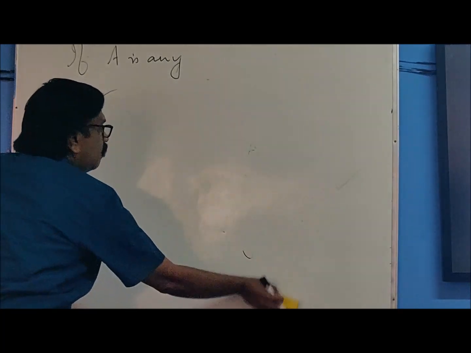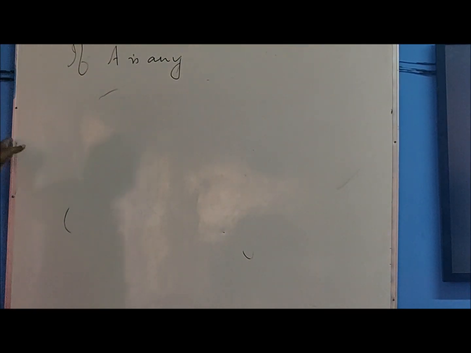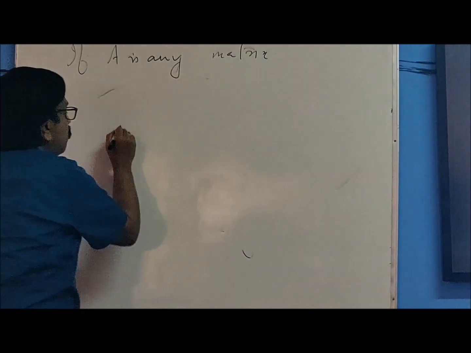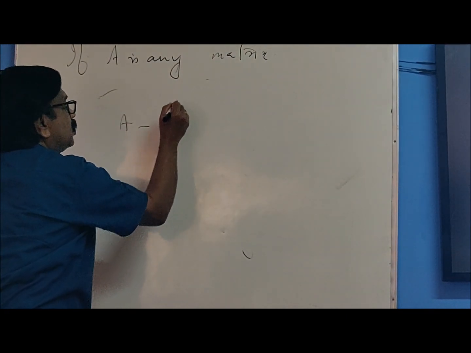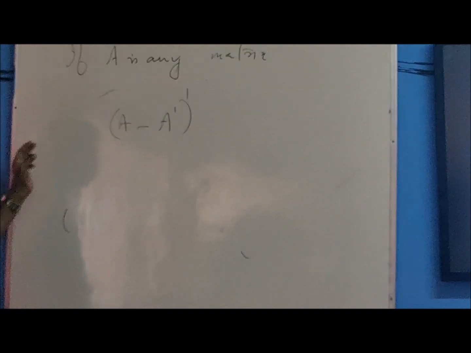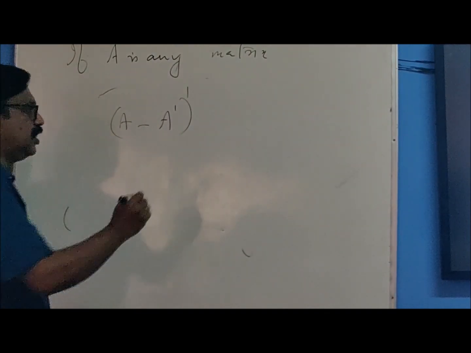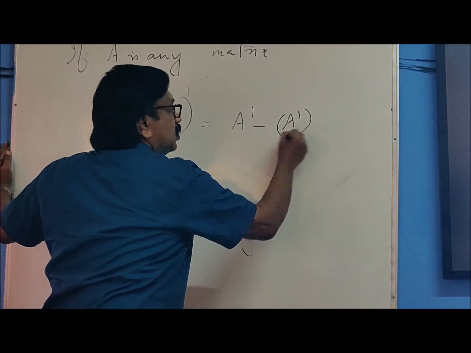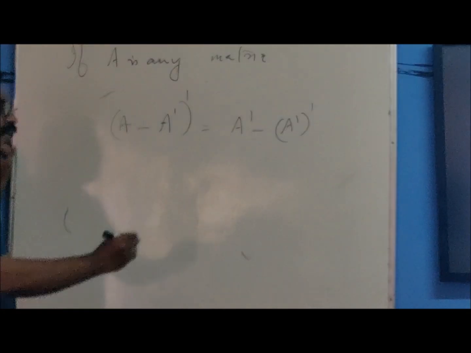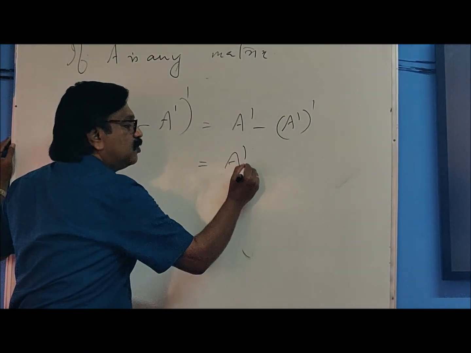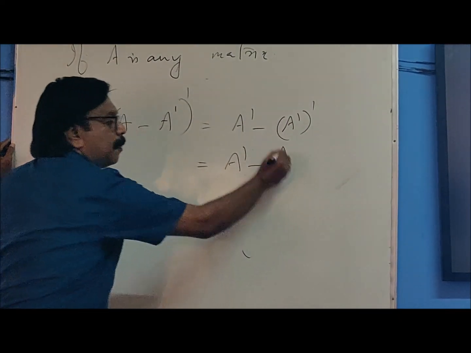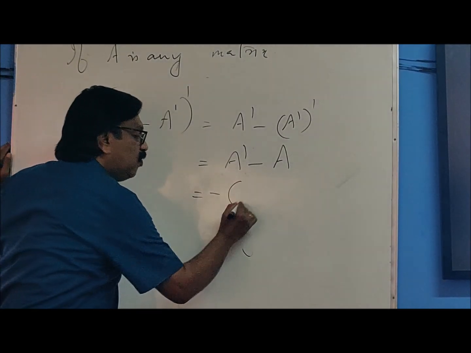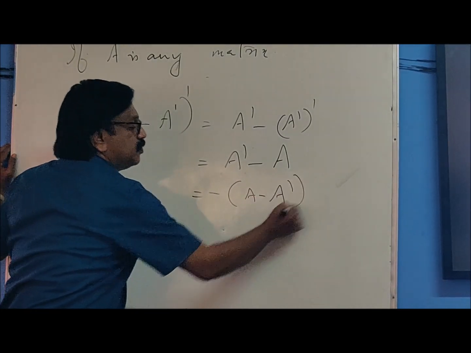What can we say about A minus A transpose? If A is any matrix, then what is the transpose of A minus A transpose? It equals A transpose minus A transpose transpose, which is A transpose minus A, since double transpose means the same. Taking the negative outside, that is minus of A minus A transpose.